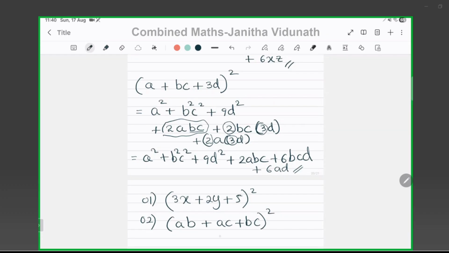Expand these two terms and send me the results through WhatsApp. I will give 3 minutes for this. Simply, here, square of the first term, square of the second term, square of the third term, and 2 times the multiplication of these two terms, and the multiplication of these two terms, and the multiplication of the first term and the last term. So try these two equations on your own.